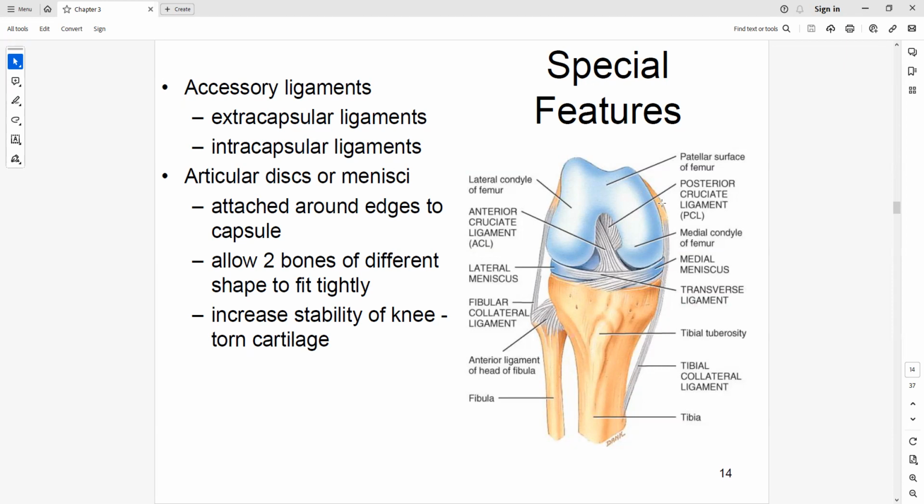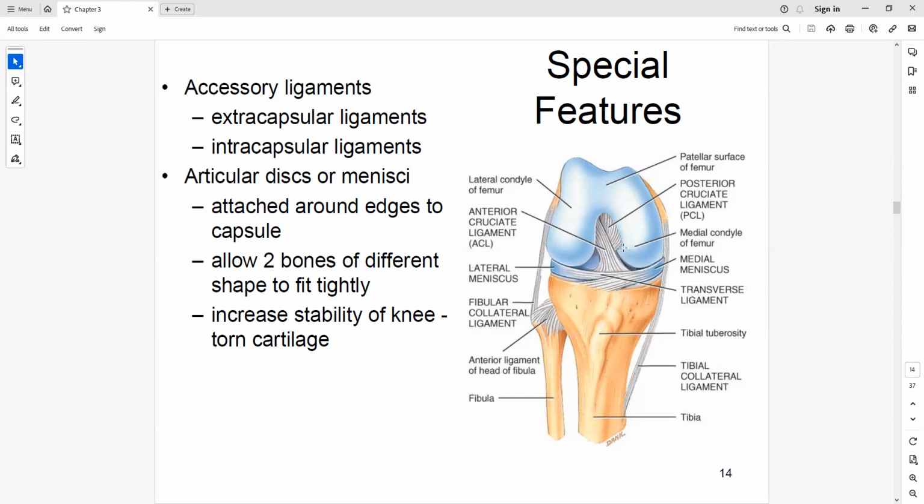These extracapsular ligaments contribute to the stability of this joint, especially the knee joint with its huge load and a very slippery surface. The joining bones can move on top of each other sideways or in inappropriate directions, and can dislocate. So to increase the stability of these joints, we have these extracapsular ligaments.